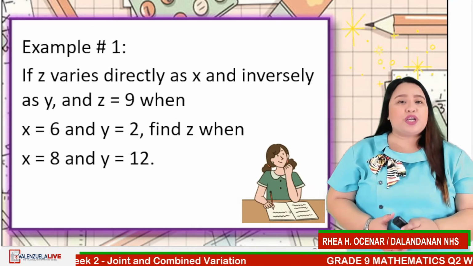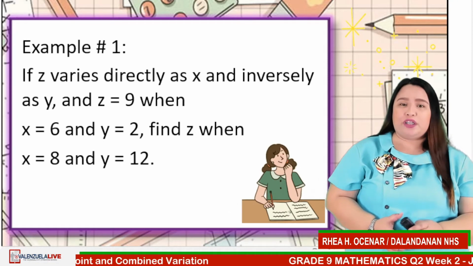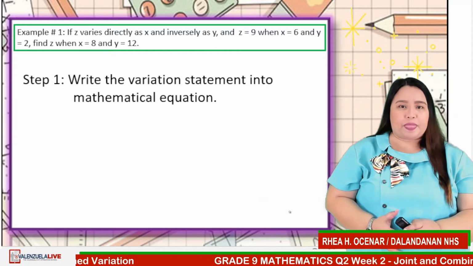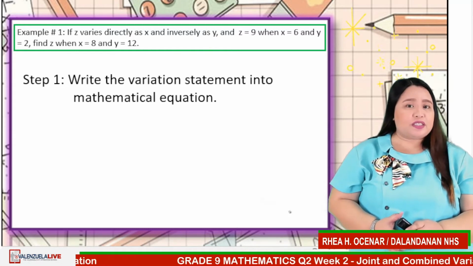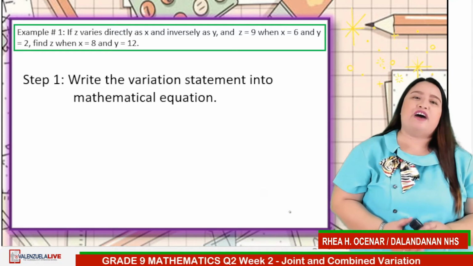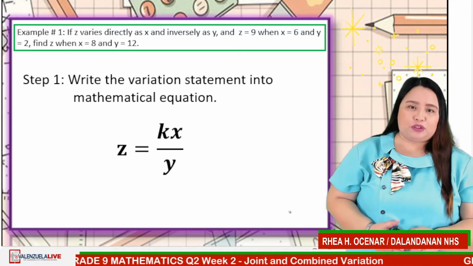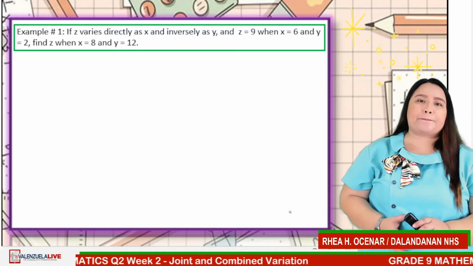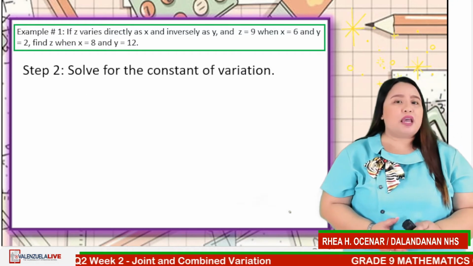To solve this, we can use the methods earlier in joint variation. Step 1. Since z varies directly as x and inversely as y, we have z is equal to kx over y. Step 2.